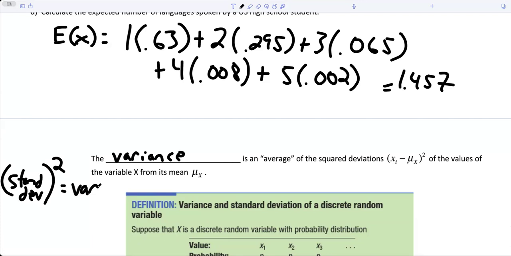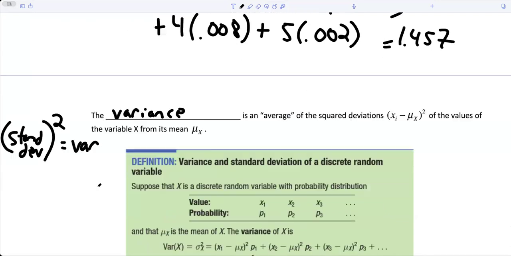And what's the standard deviation? In your own terms, it's how far something is on average from the mean.